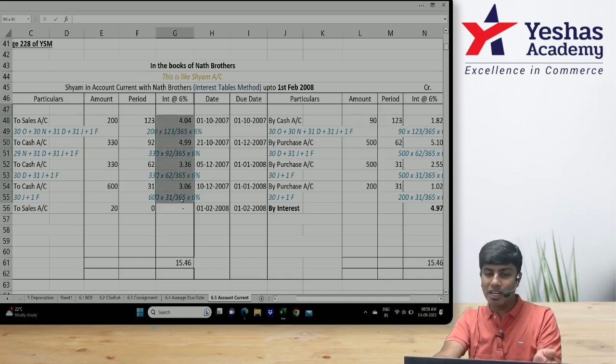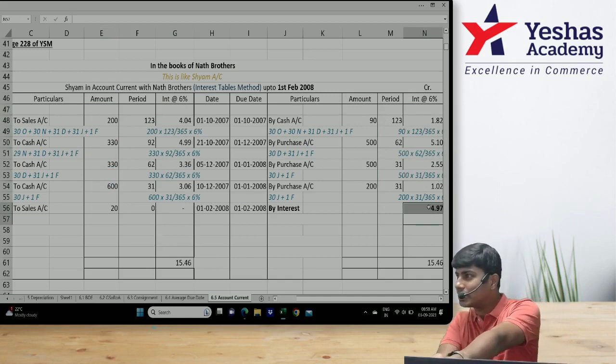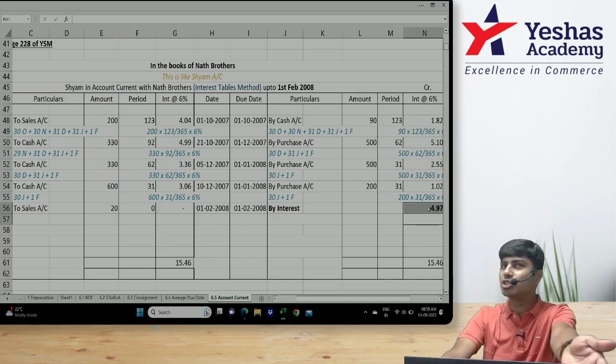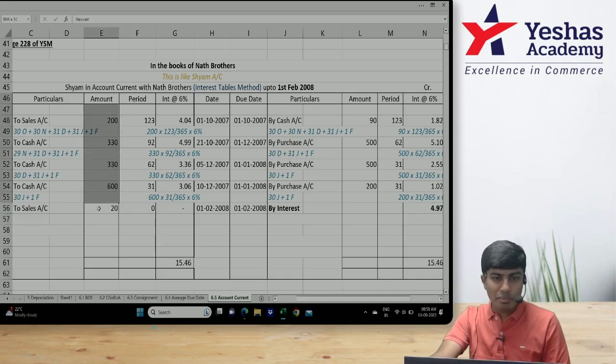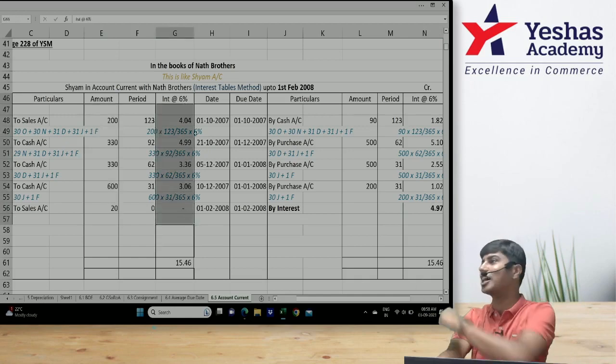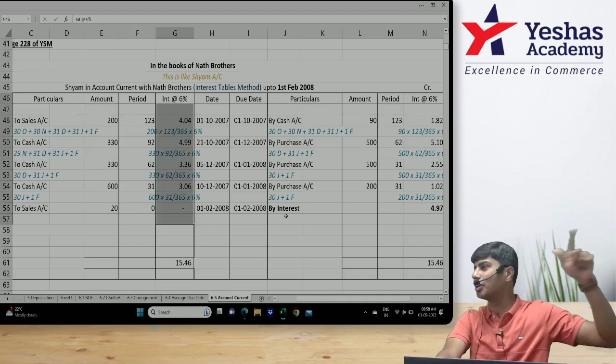Now when receivable interest is more and payable interest is less, the balancing figure will come on this side. From the interest column, when I shift it to the amount column, which side should it come? The reason is this amount column represents Sham's account. The interest column represents the interest account. In the interest account, if I write by Sham, in Sham's account, I should write to interest.